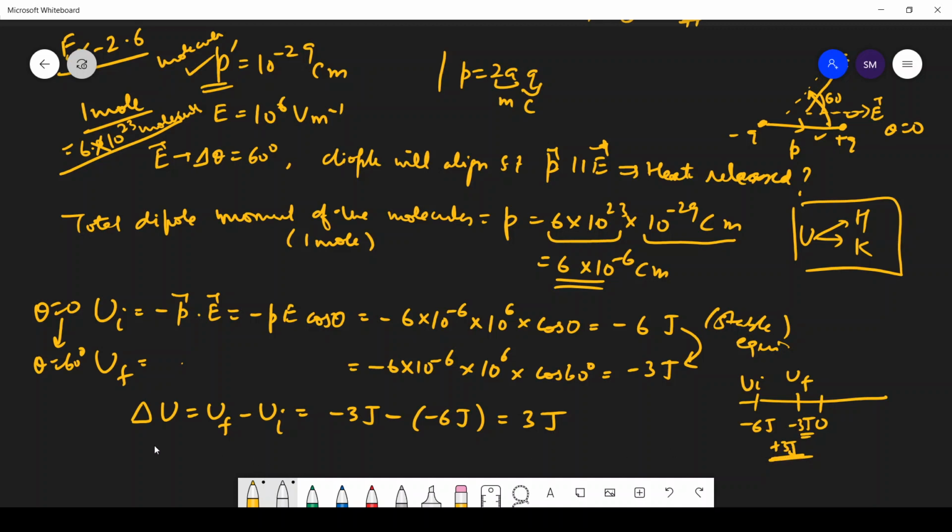Loss in potential energy is also the same, greater minus smaller: minus 3 minus minus 6. Loss in potential energy is 3 joules, and this is the energy released.